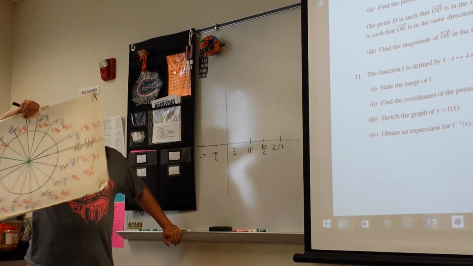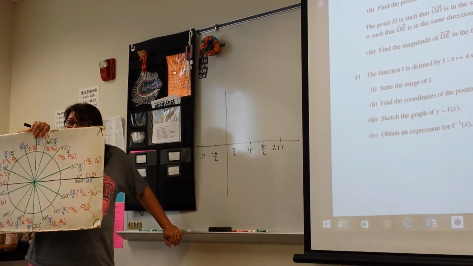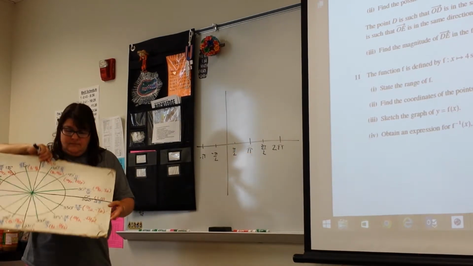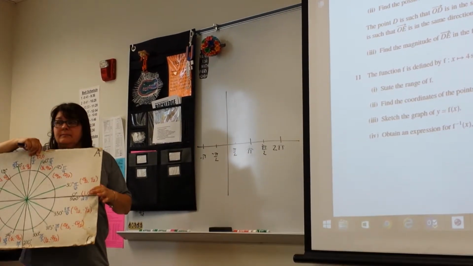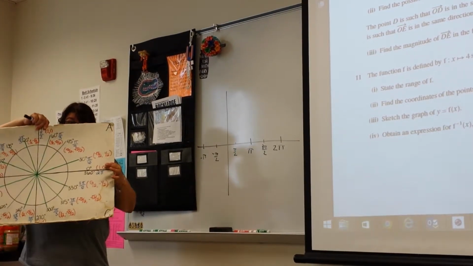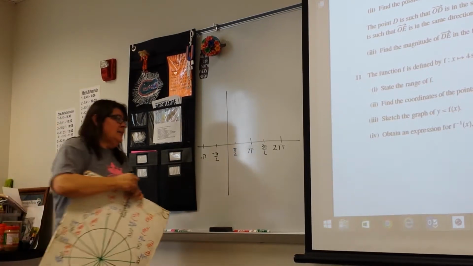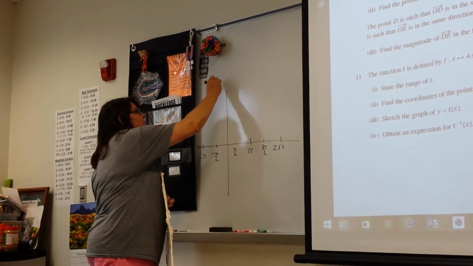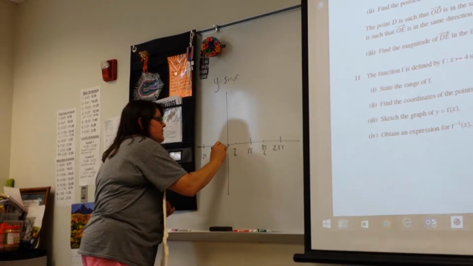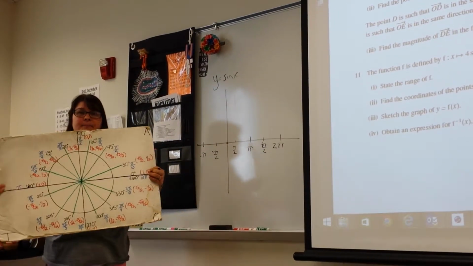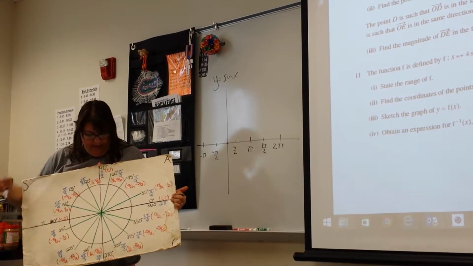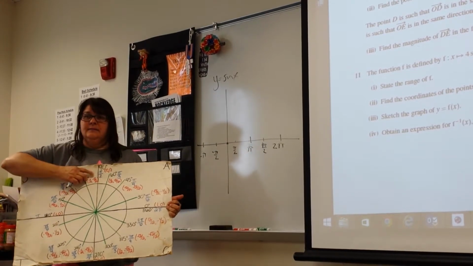Okay, let's look at 0. What is sine at 0? 0. At 2 pi, 0. Okay, so I'm graphing right now y equals sine of x. 0, 0. Let's move up. At pi/2, what is the sine?